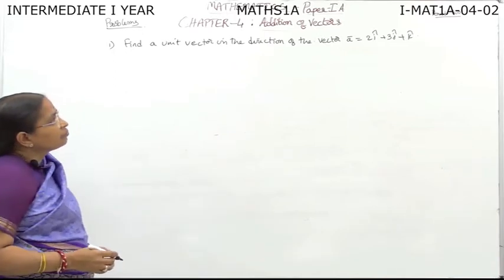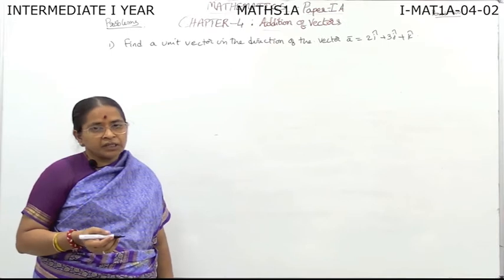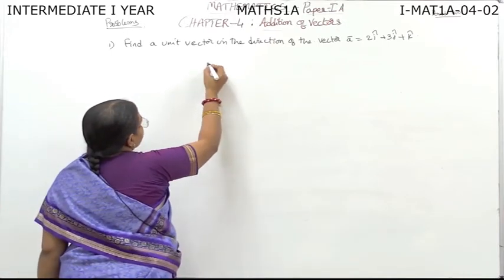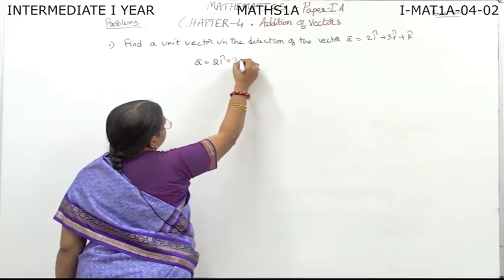As you already know, the unit vector in the direction of A is A cap is equal to A by mod A. So you have A is equal to 2i plus 3j plus k.